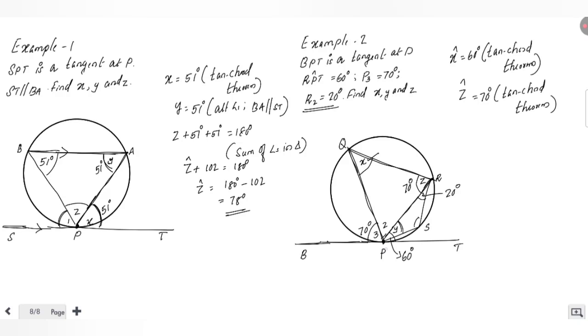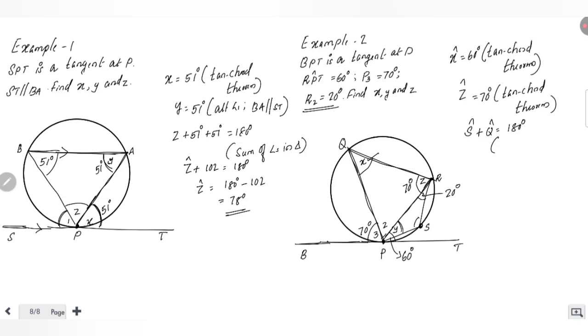Remember, you see that PSRQ is a cyclic quadrilateral, because those four vertices are on the circle. And S and Q are supplementary. That is, angle S plus angle Q is equal to 180 degrees.